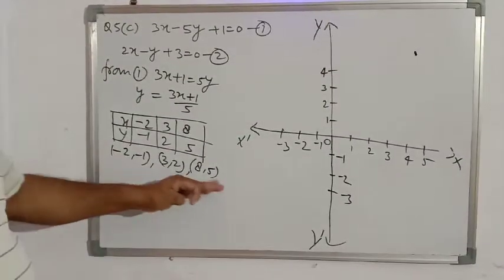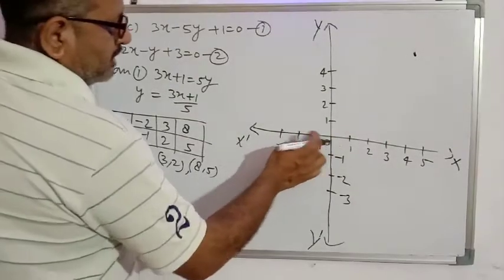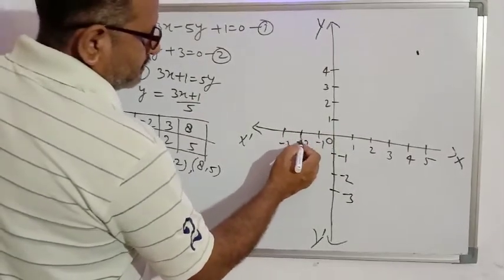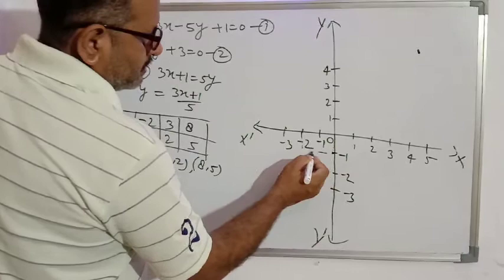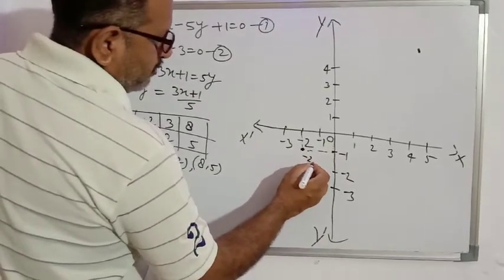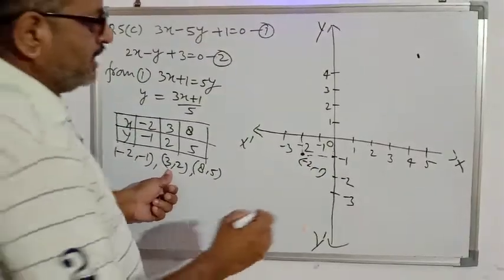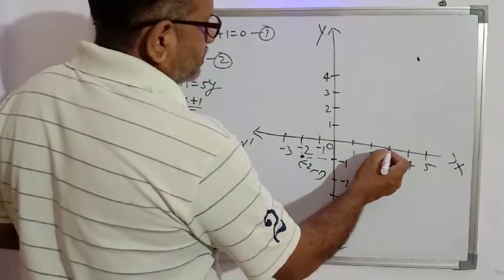We will plot these 3 points and join them. So minus 2, minus 1: x is minus 2, y is minus 1. This point is minus 2, minus 1. x is 3, y is 2: 1, 2, 3.